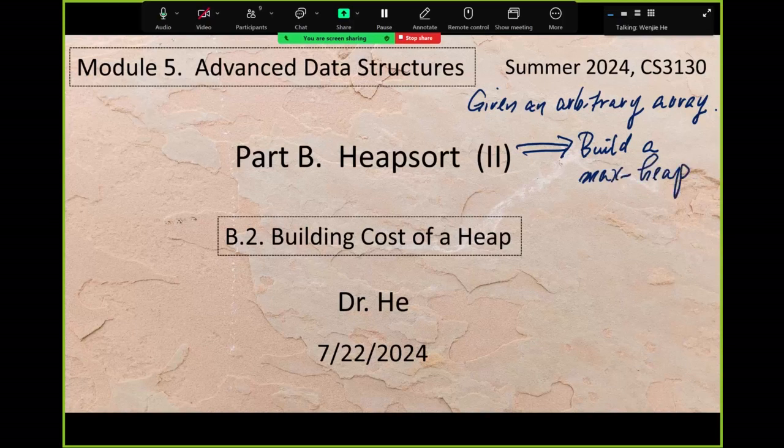How do we build it? By the max heapify operations.